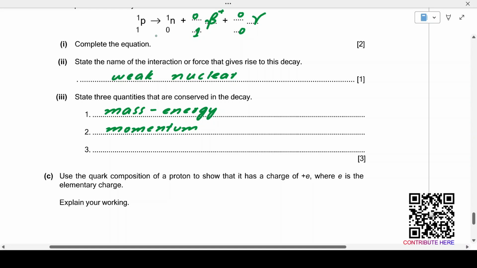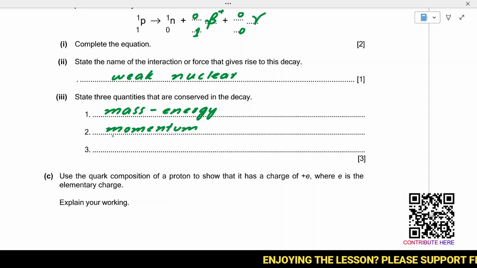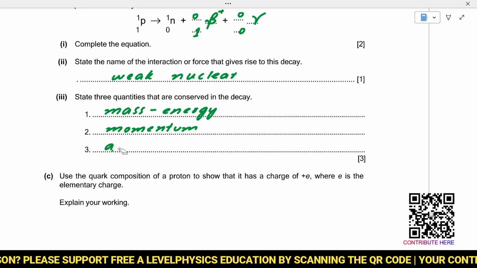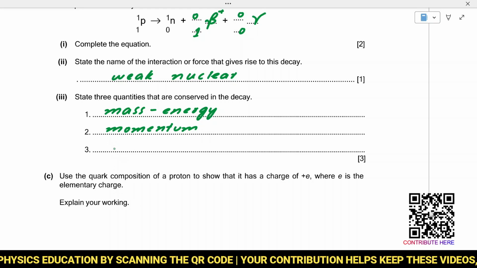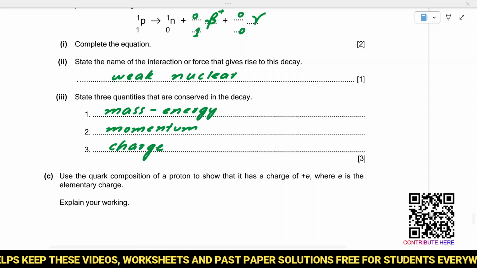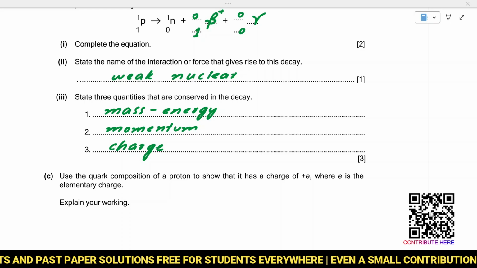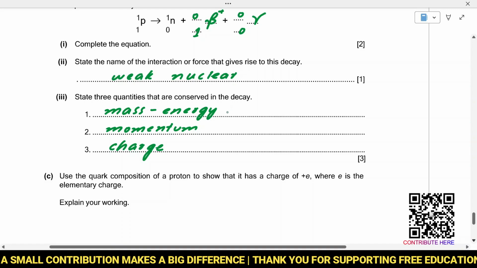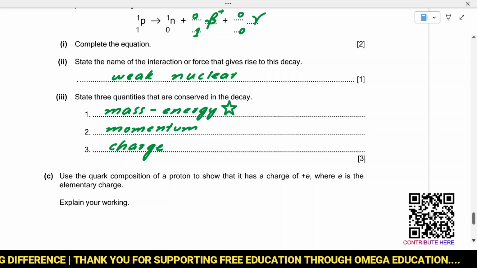At the bottom, the number of protons on the left side and on the right side is 1. At the top, the mass number on the left side is 1, the mass number on the right side is 1. So atomic number or charge or mass number, you can write either of those. Charge, nucleon number, proton number, any of these can be written, but mass energy is a very important one because many students are tempted to say energy.